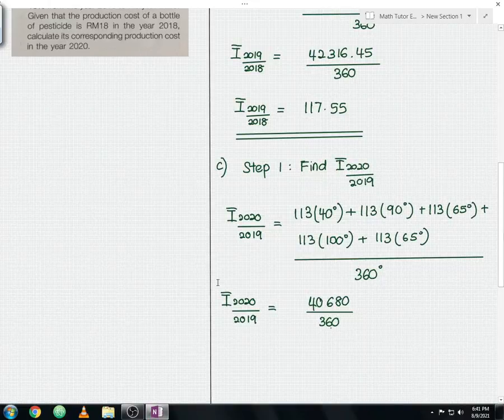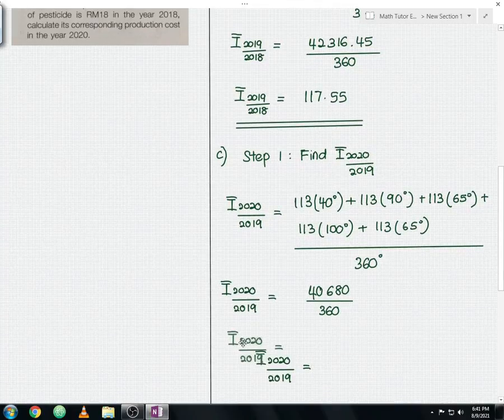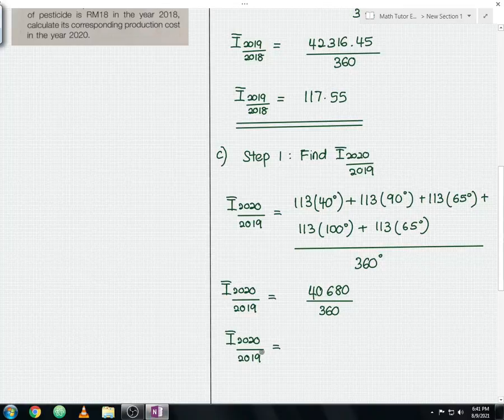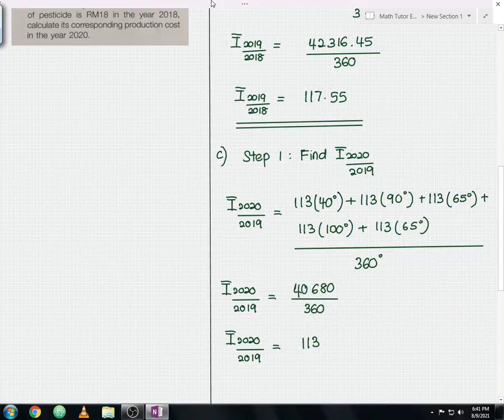So from here you perform the calculation, you should get the price index of the year 2020 based on the year 2019 is 113. Basically it's just the same. So this is your step 1. What I mean by same is same as the price index.